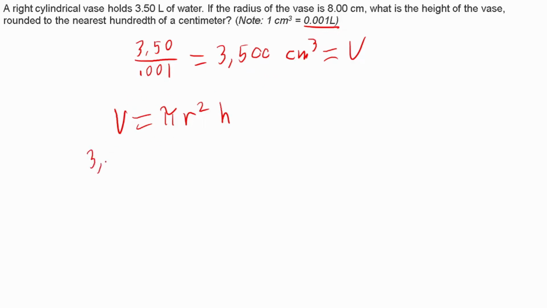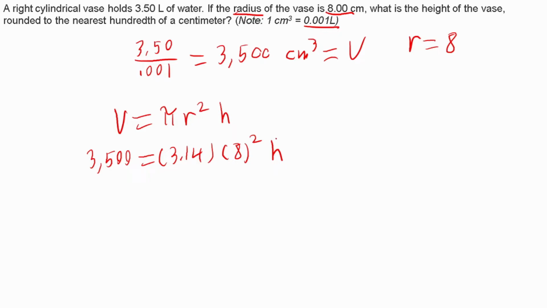It's 3,500. We know pi, 3.14. Do we know my radius? Yes, we do. The radius is 8 centimeters. So I'm just going to label that off to the side here. R equals 8. So let's plug that in. 8 squared. And the one thing we do not know is my height. And that's what we want to find.